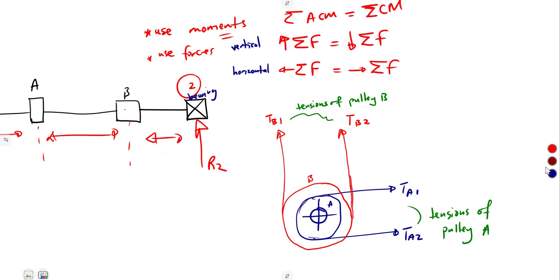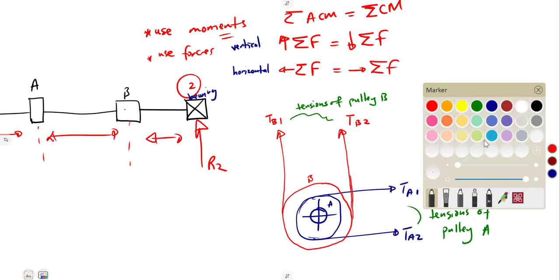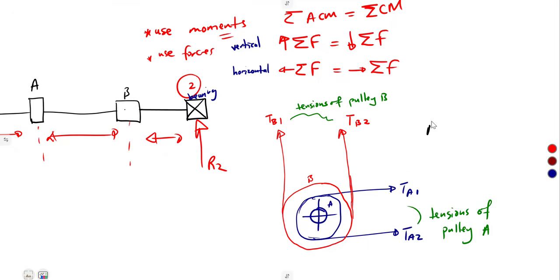So according to my illustration here, pulley A is used whenever you are calculating reactions in a vertical plane, because it is the one going vertically up or down.